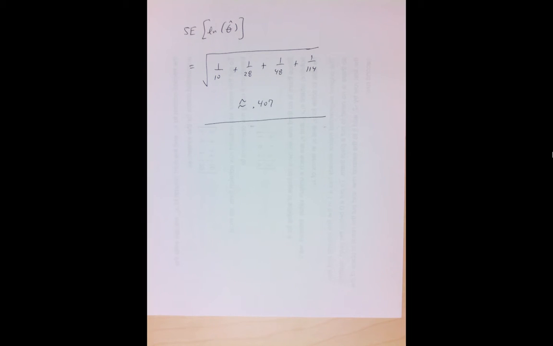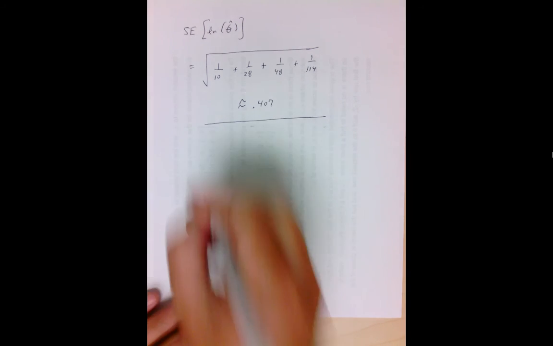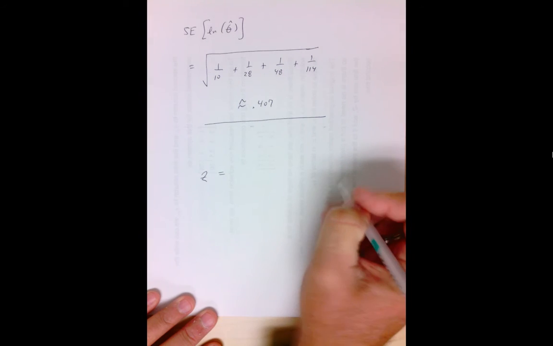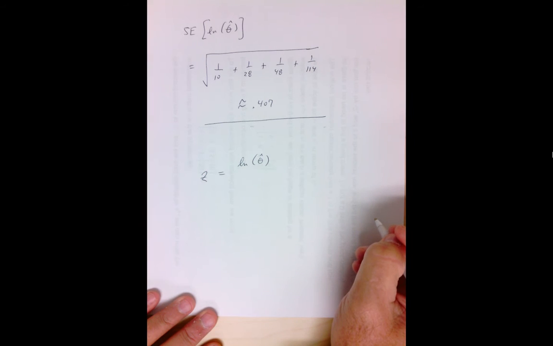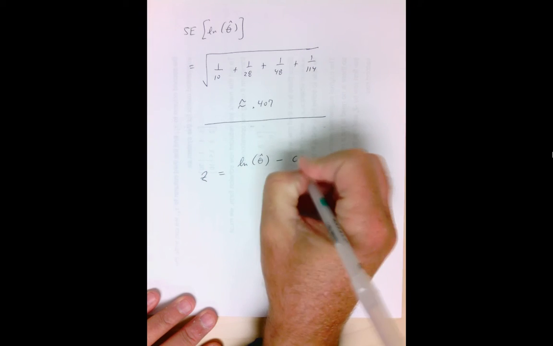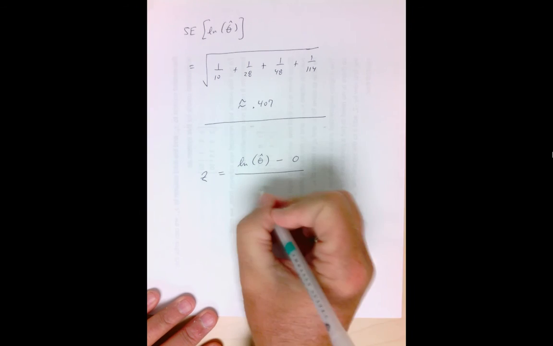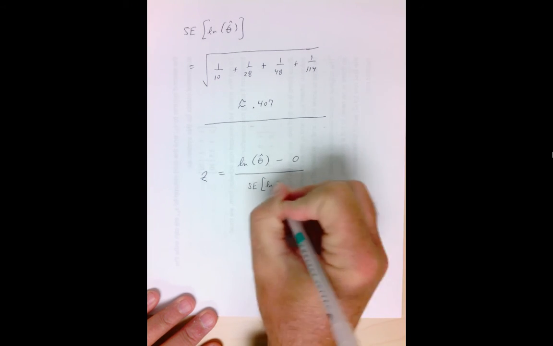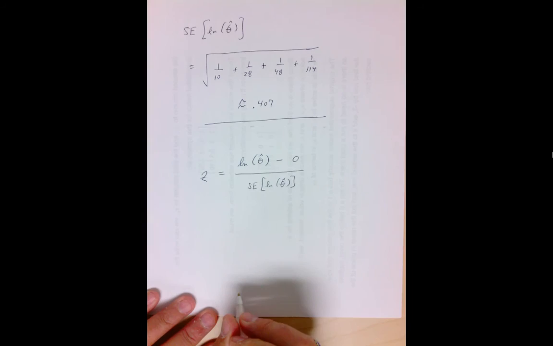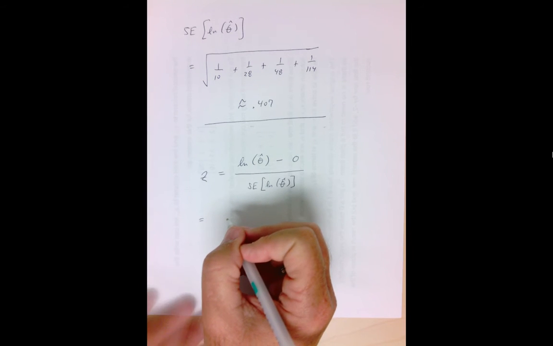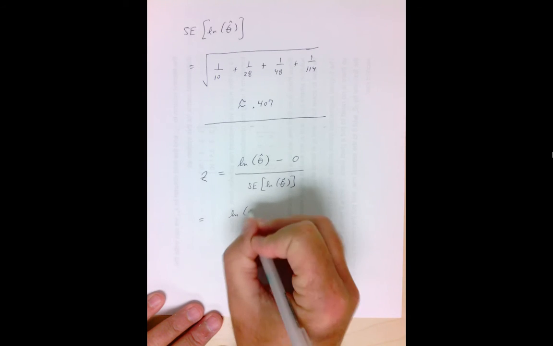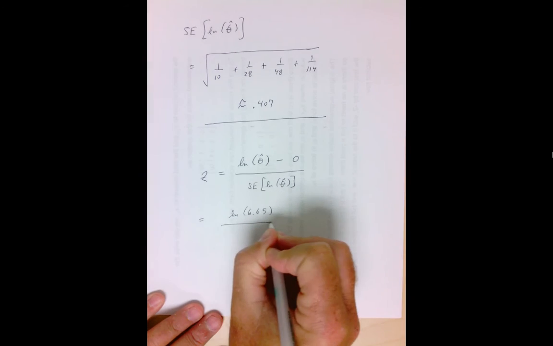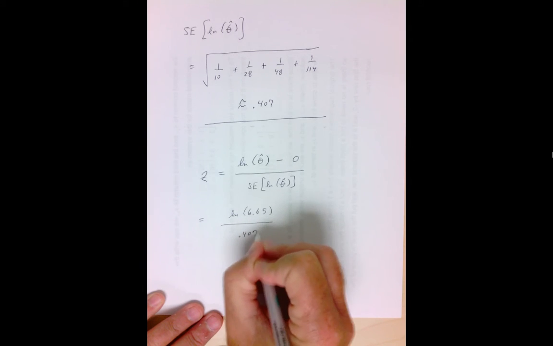The test statistic follows the z distribution, so z equals our estimate, the natural log of the odds ratio minus the mean, which is 0, over the standard error. So, gang, the natural log of our odds ratio would be the natural log of 6.65, over approximately 0.407.